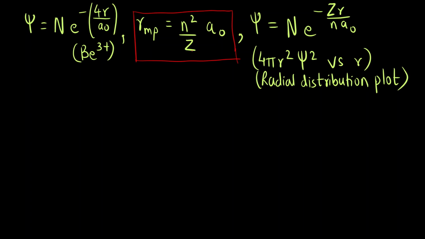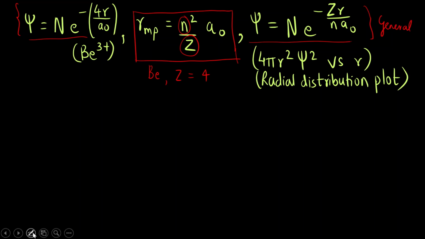It is n square by Z into a naught. Z is the atomic number. So for beryllium, Z is what? Z is equal to 4. And n, how do you get n? This is the general form of the wave function. If we compare the given wave function with the general form, we can get the value of n.